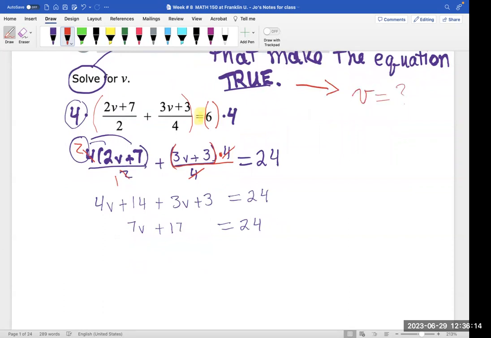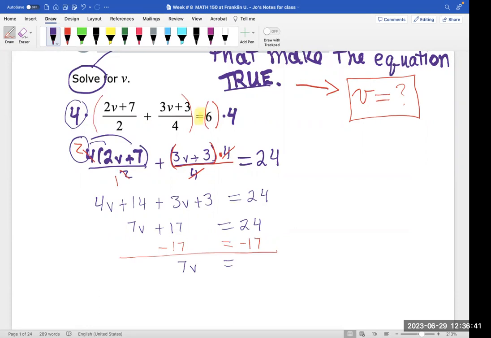Well, if I can rewrite the equation so it has the exact same value, but it's written in a very basic form, like v equals a number, well, that equation, it's obvious to see the answer. I'm rewriting it over and over and over until it becomes a much more simplified and simpler equation.